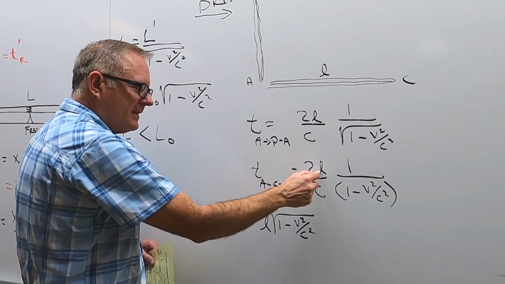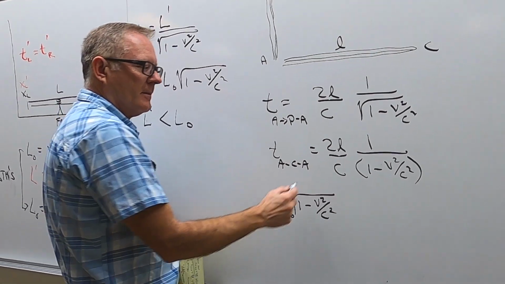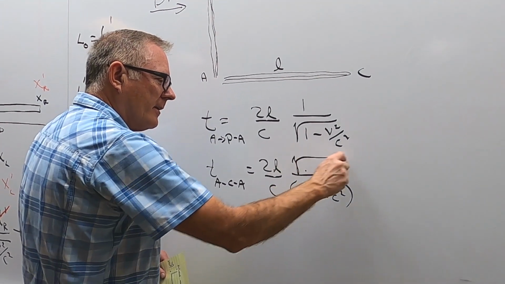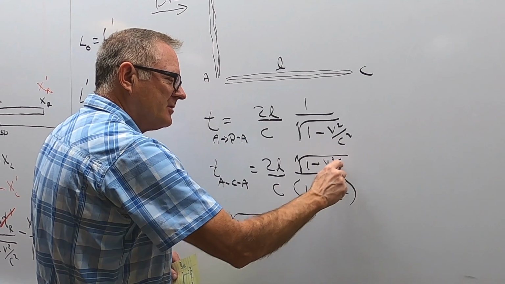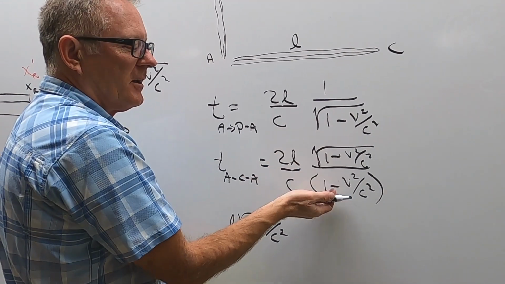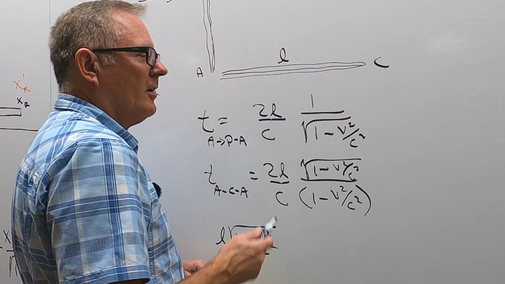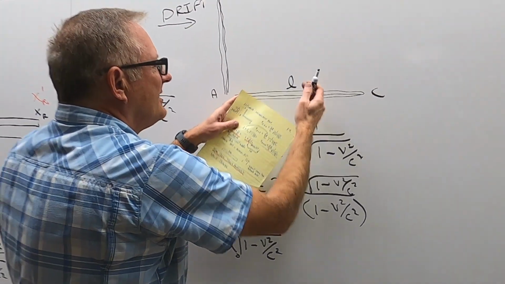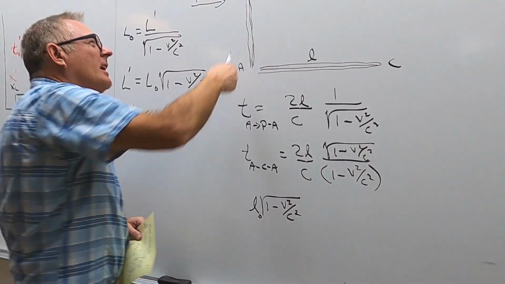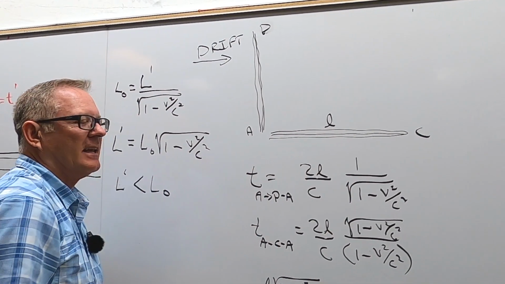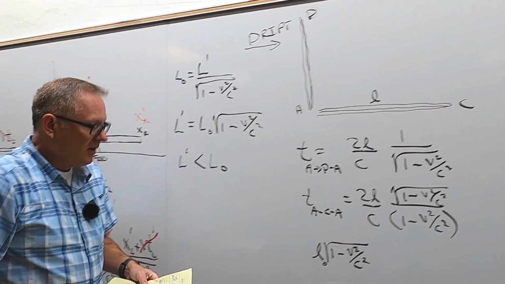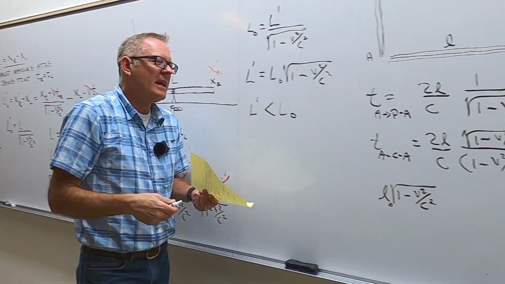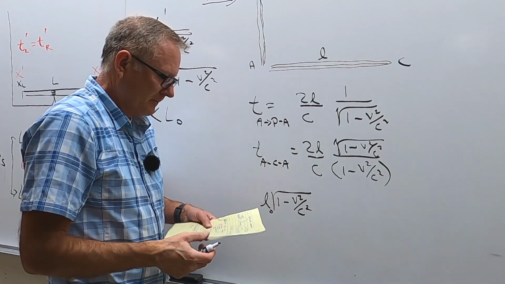So if I replace this L with this one, all it does is add an extra square root right here, 1 minus V squared over C squared, and you notice the square root over this gives me the same thing. So no matter how fast this goes, you could think of it as, oh, the length is just decreasing. It's fooling you to keep this time and this time the same. Okay, so this is the reason why Michelson could have never found the movement here.